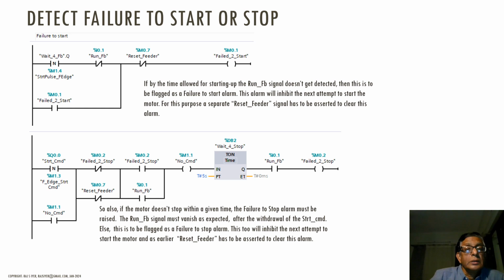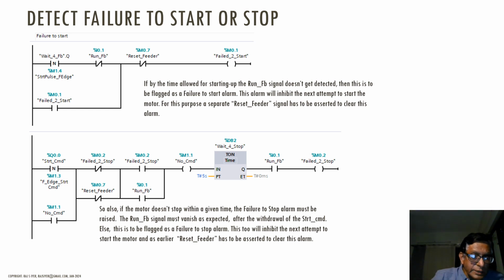Okay. So in the normal course, whenever the run feedback comes in, when the run feedback vanishes by itself, this alarm will be reset. In case the run feedback stays, it will remain on. And then, because even though there is a timer, the left side of the timer will remain true.